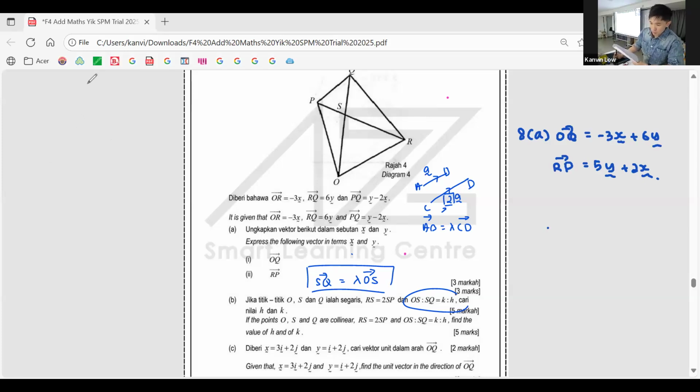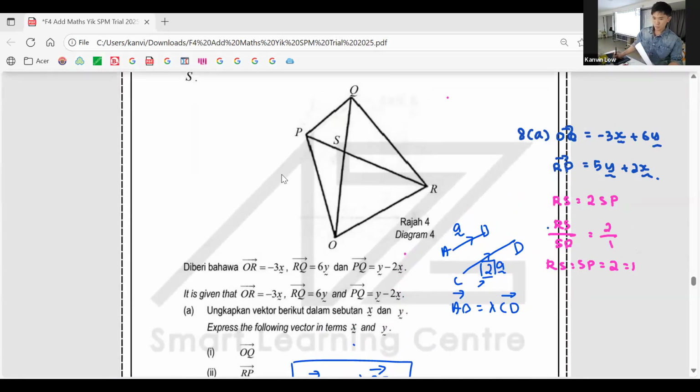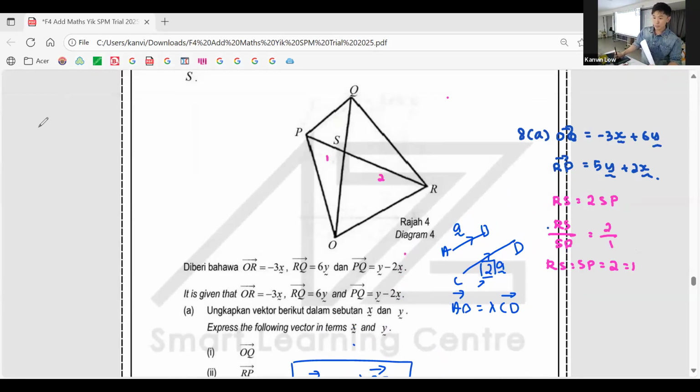Okay, so students, now, first of all, they say RS is equal to 2SP. So let's have a look at it together. From here we know RS over SP is equal to 2 to 1. RS is 2, SP is equal to 1. Right?